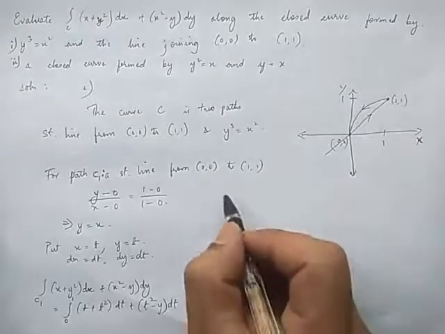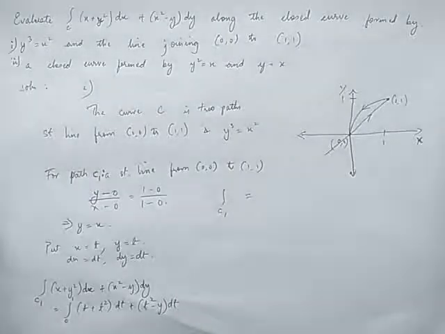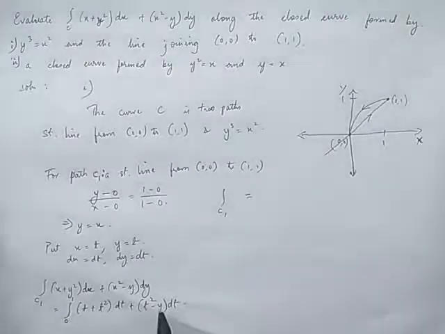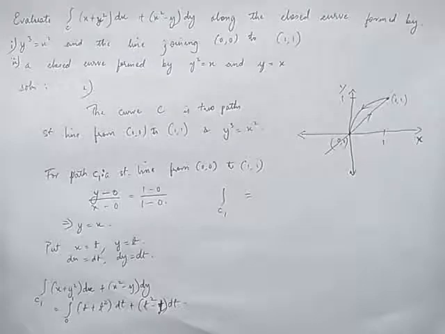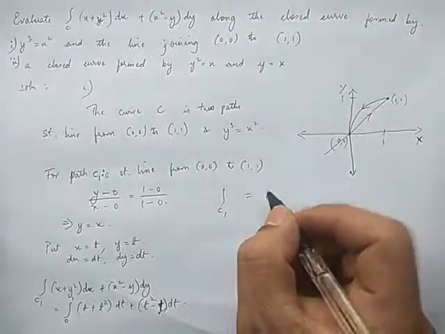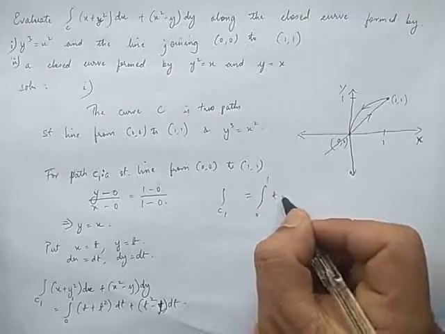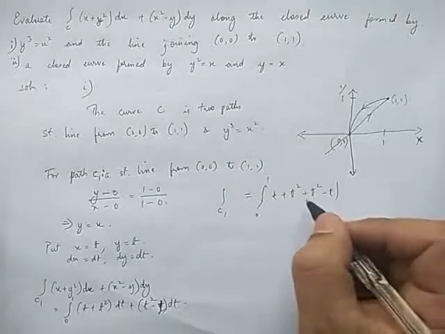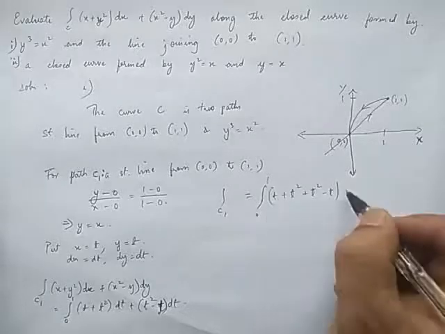Instead of y I have to put t. So for this I can write the integral from 0 to 1 of t plus t square plus t square minus t, dt.